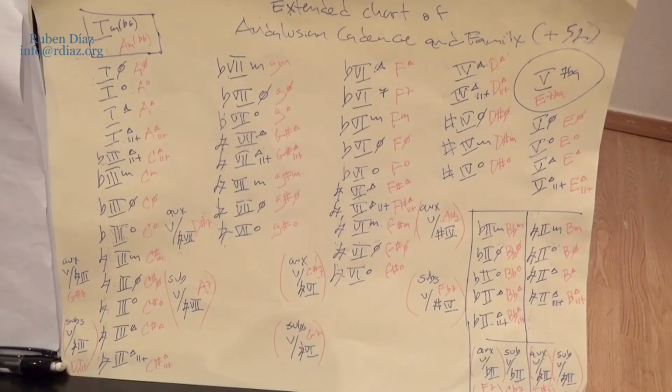So flat third major 11 augmented, then to the 4th minor. Or it could also be flat third major 11 augmented to the flat 6 and then 7 flat 9.